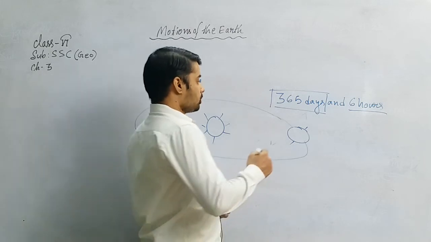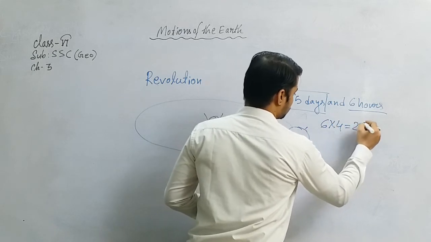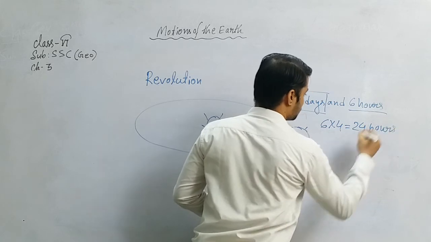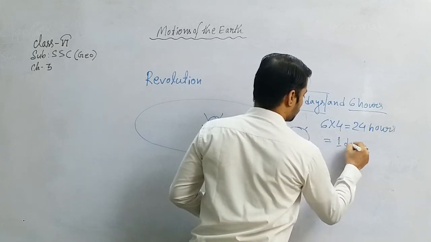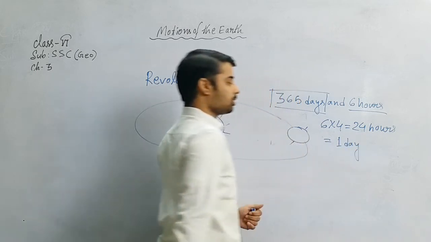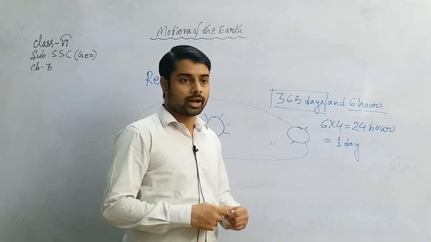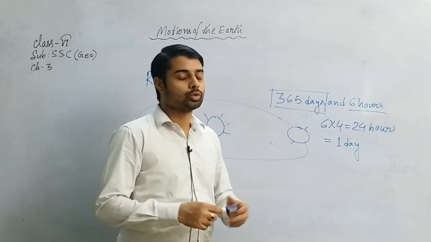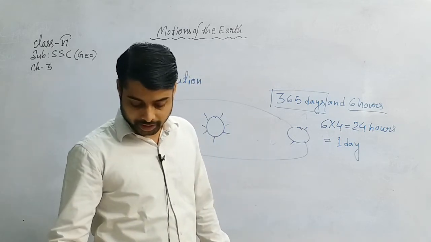So 6 into 4 is 24 hours, which means 1 day, and that 1 day is added to another year after 4 years, such as 2020, which is a leap year.